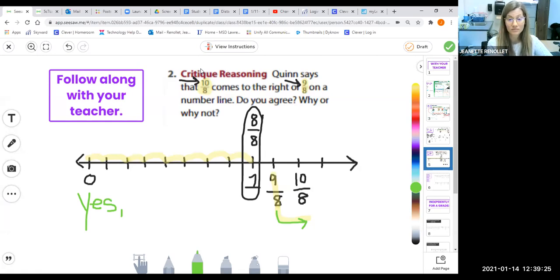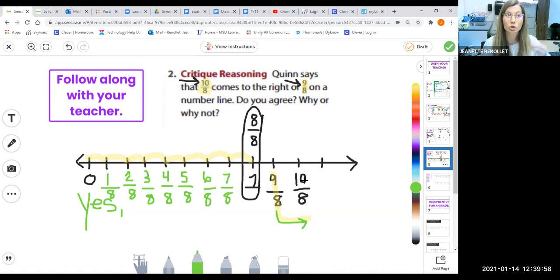Well, I know that each time my numerator is going to go up as I move to the right. My first tick mark is 1/8. Then it becomes 2/8. Then 3/8. I notice that every single time my numerator is getting bigger. Every single time my numerator is increasing.